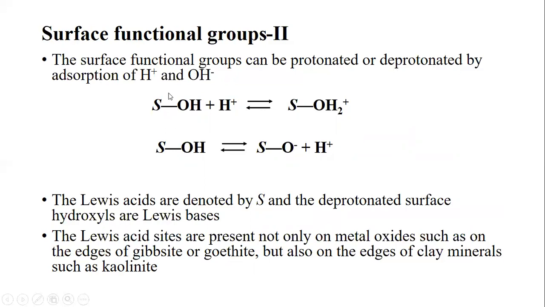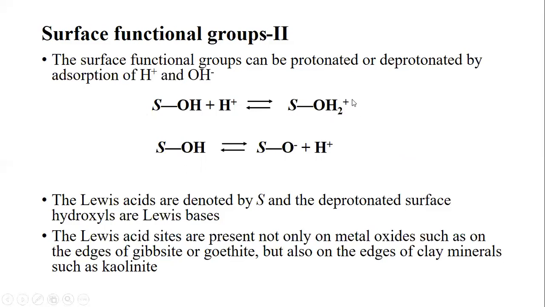Let's take an example. Again, S can be any surface. Remember, this is part of a surface, and these are functional groups attached to it. So S, that's the surface. Okay, so SOH, now it got protonated, so it took the hydrogen and it became SOH2+.